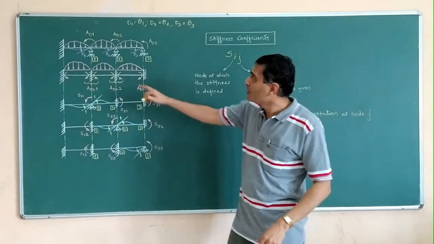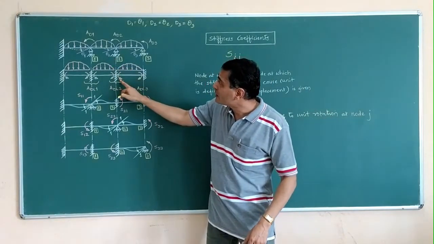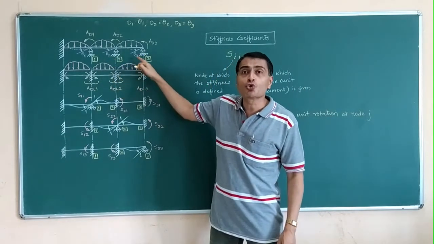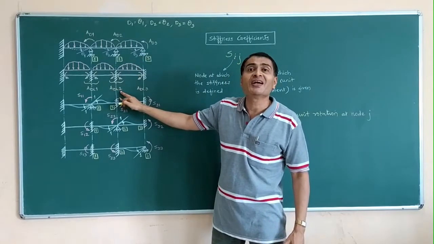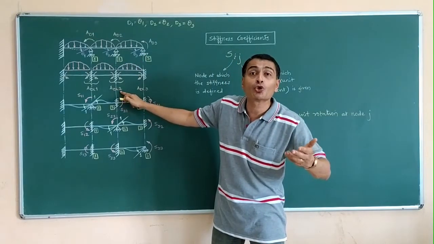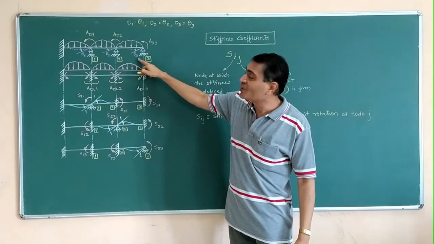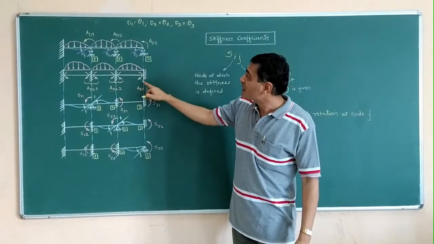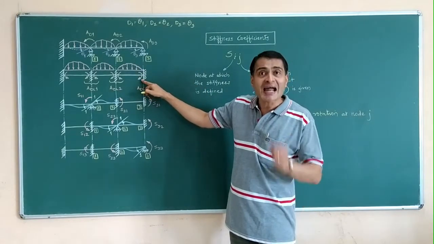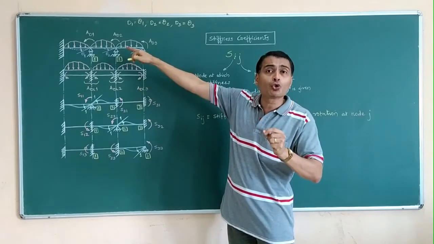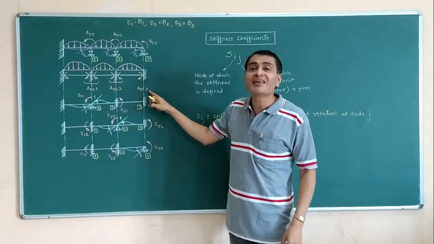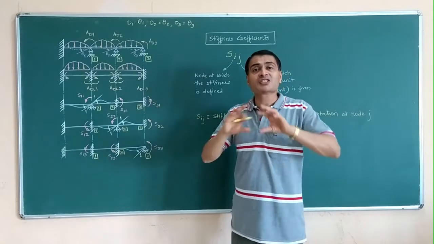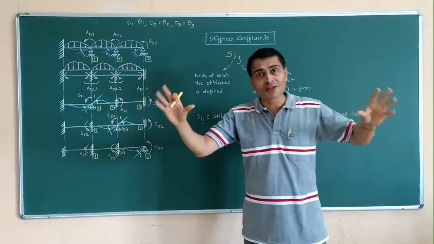So coming back, this is D2, the corresponding action due to loads I am calling ADL2, that is at node 2. Next, this is D3 equal to theta 3, the corresponding action at node 3 due to loads I am calling ADL3. So that is about ADL1, 2, 3.